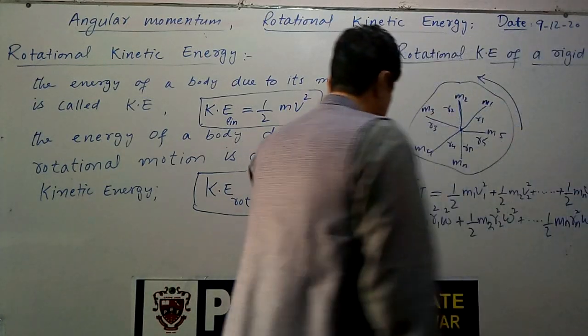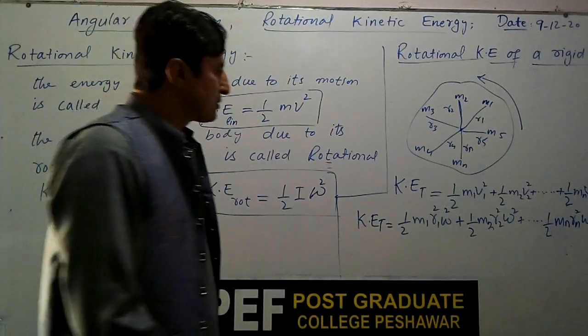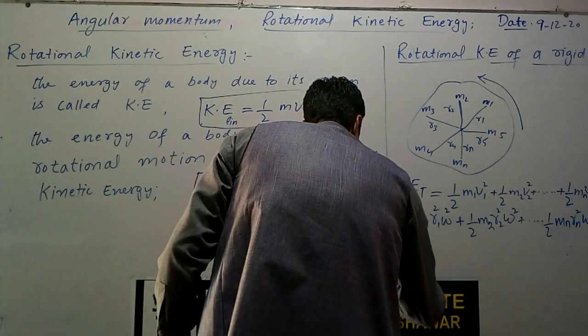Now 1 divided by 2 omega square is common in this expression, so take this common.